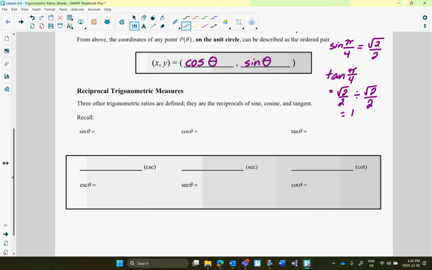Speaking of the three trig ratios, well, we set up top, sine is opposite over hypotenuse, cosine is adjacent over hypotenuse, tan is opposite over adjacent.